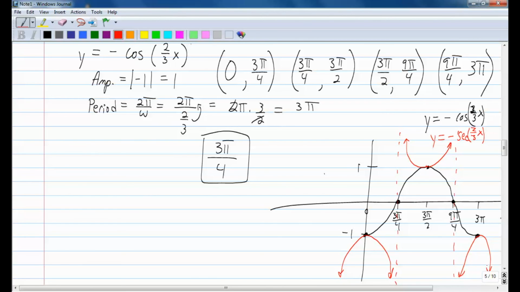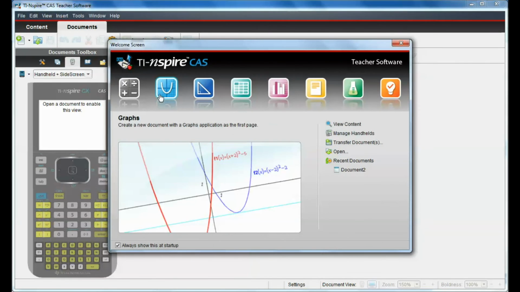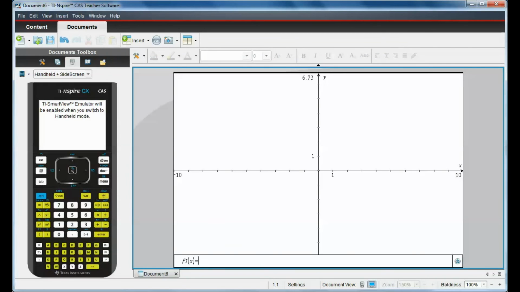Let's see what that would look like in the standard graphing window. So I'm going to throw both of these graphs up here so we can take a look at them real quick.